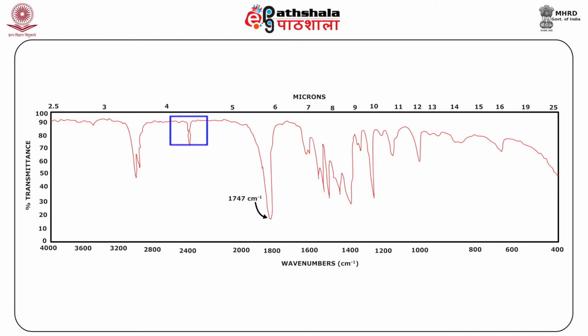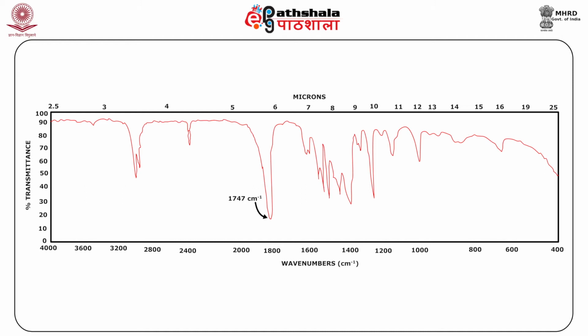There is a nitrile group at 2260 centimeter inverse, and this gives you an unsaturation index of 2. You can also notice there is a carbonyl group peak at 1747 centimeter inverse, and this gives you an unsaturation index of 1. So, compiling both of these, you get the unsaturation index of 3.